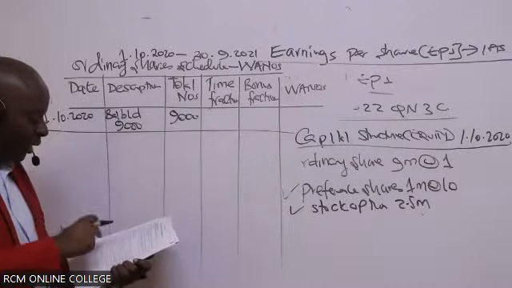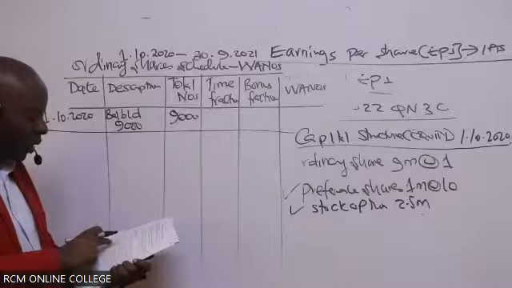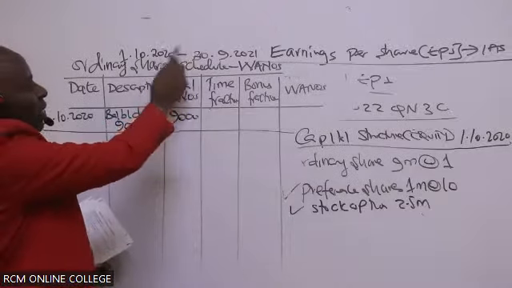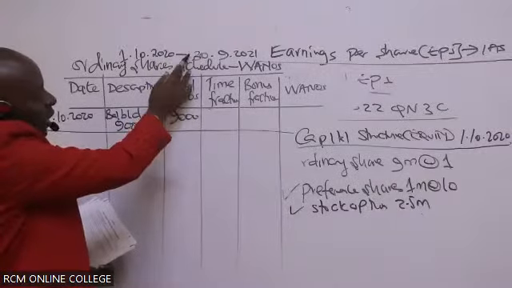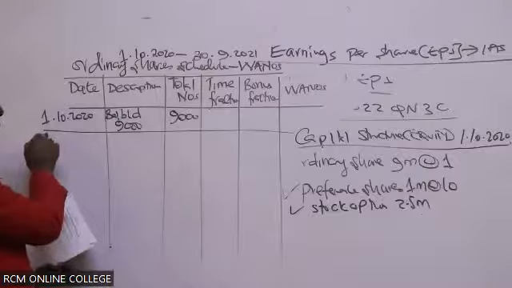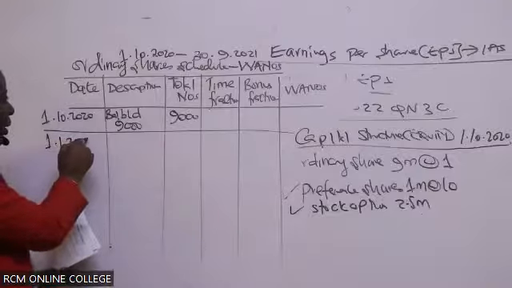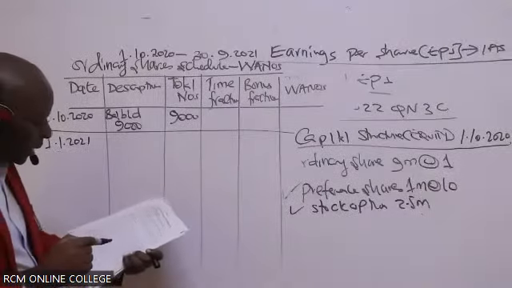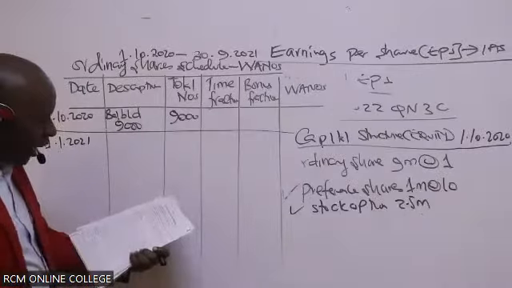And they are telling us, look at note number 1, on 1st January 2021. Does it fall here? Oh yes, I can see January 2021 will be here. So it falls here. On 1st January 2021, they are telling us that we did have a rights issue.